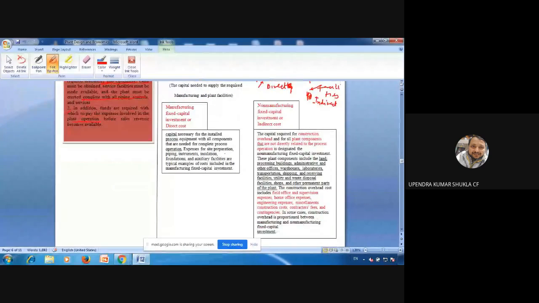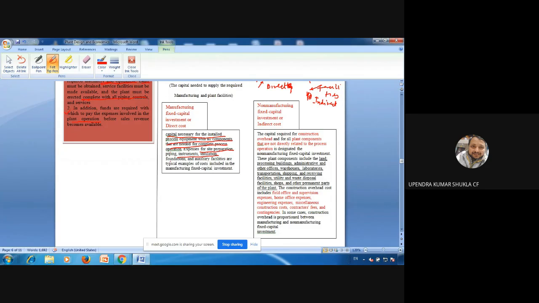Now, in a little greater detail, manufacturing fixed capital cost is the capital necessary for the installed process equipment with all components that are needed for complete process operation. Expenses for site preparation, piping, instrumentation, insulation. I will tell you later how much the insulation cost is. For example, if we have bought equipment in this cost, what percentage roughly, in what range, because there could not be a certain fixed percentage, there would be a range, some fixed range of insulation cost.